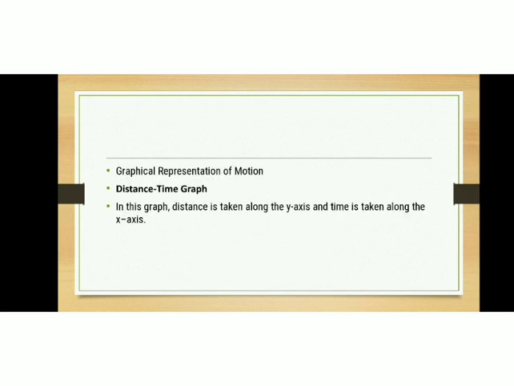Now, the most important concept of this chapter is graphical representation of motion. We had studied about different types of motion, that is uniform motion, non-uniform motion, uniformly accelerated motion, non-uniformly accelerated motion, etc. So what do you mean by uniformly accelerated motion? If the velocity of an object increases equally in equal intervals of time, it is regarded as uniformly accelerated motion.